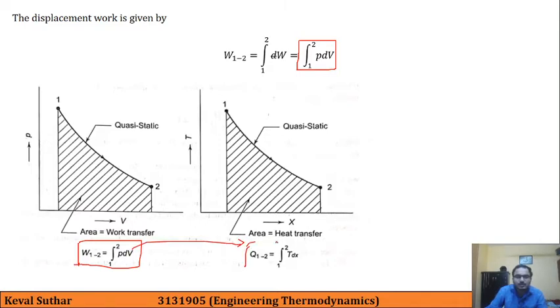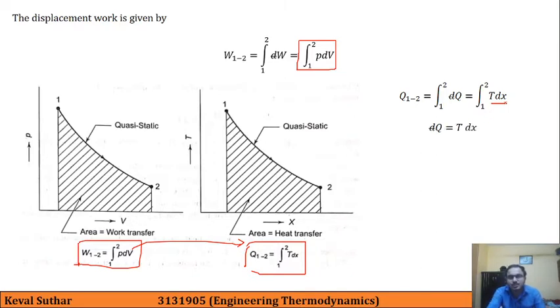Here P is replaced with T and V is replaced with X. So we can write Q12 is equal to integration 1 to 2 T dX, where X is not known to us. So d cut q is equal to T dX, and dX can be written as 1 upon T d cut q.